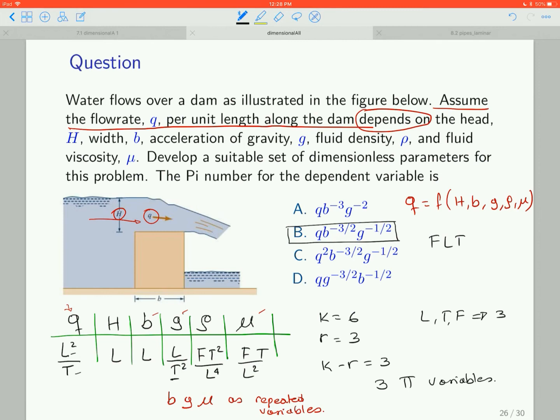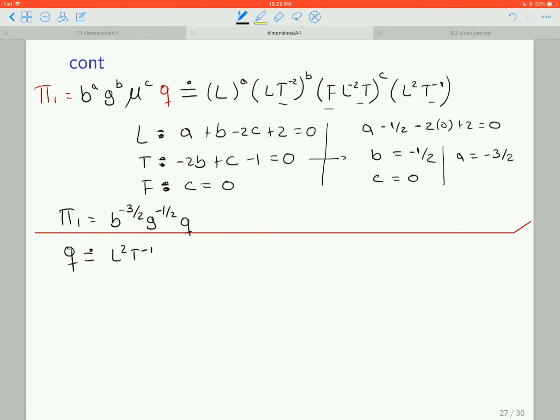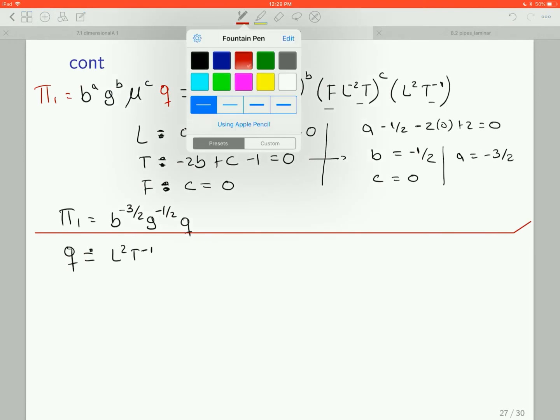With g we have T squared, so we have to divide by the square root of g if we want to cancel the time.